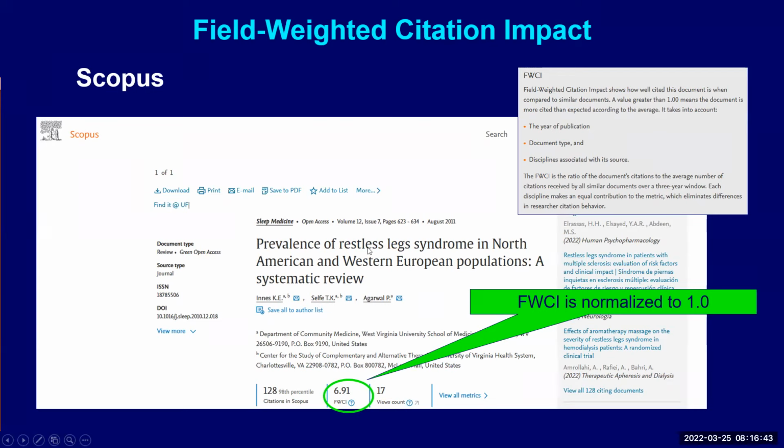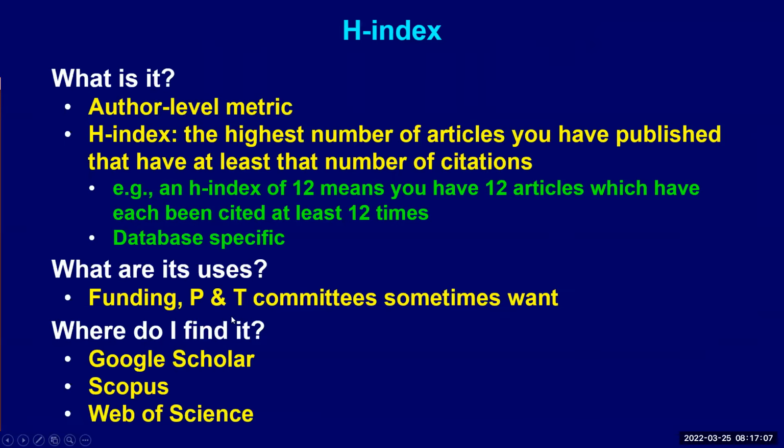And for this same article that we've been looking at that had an FCR of 24.71 and an RCR of 5.5 in Dimensions, this has a field-weighted citation impact of 6.91. So those are the item level metrics that I wanted to talk about. Now we're going to move on to the author level metrics.